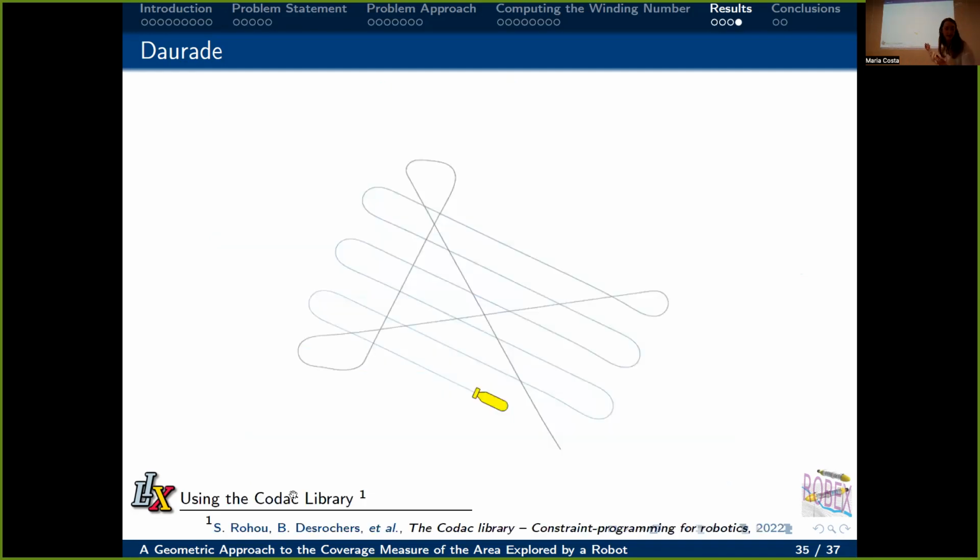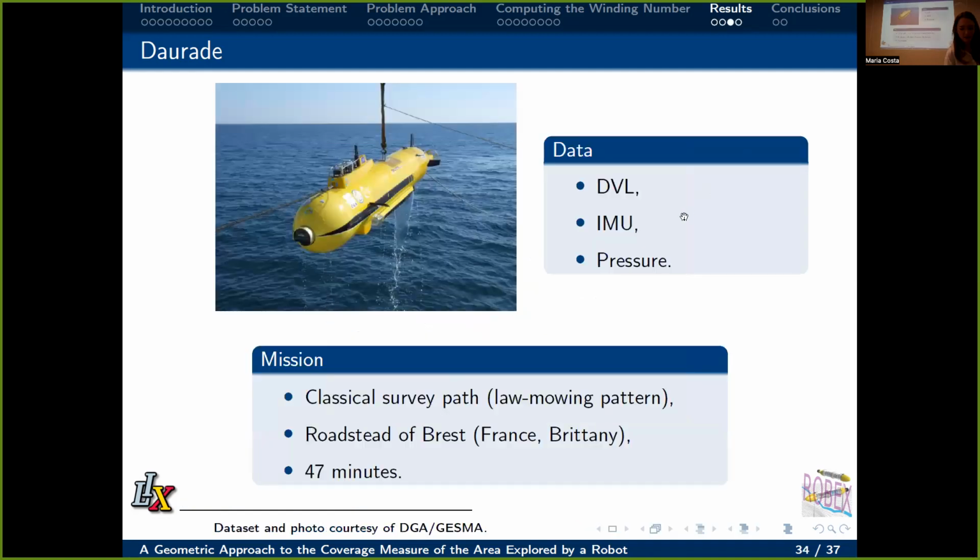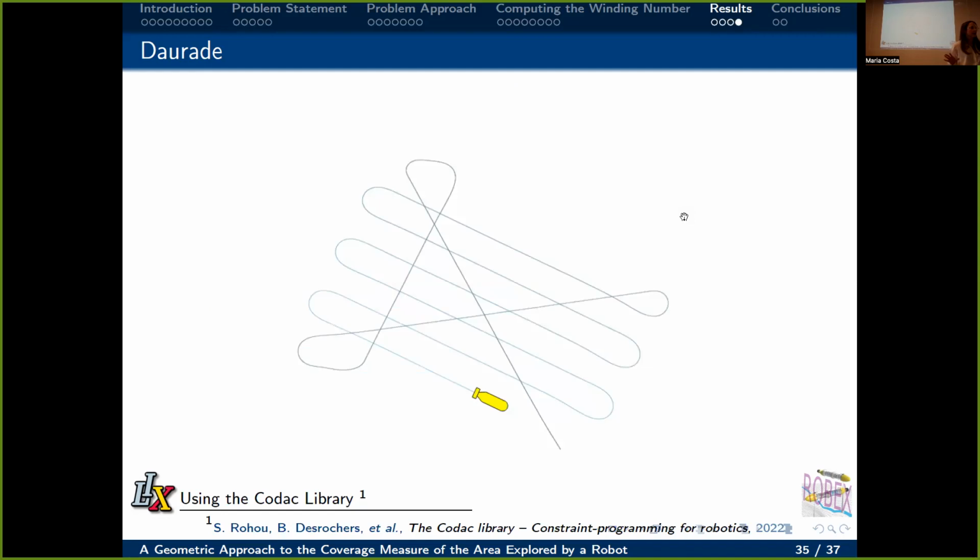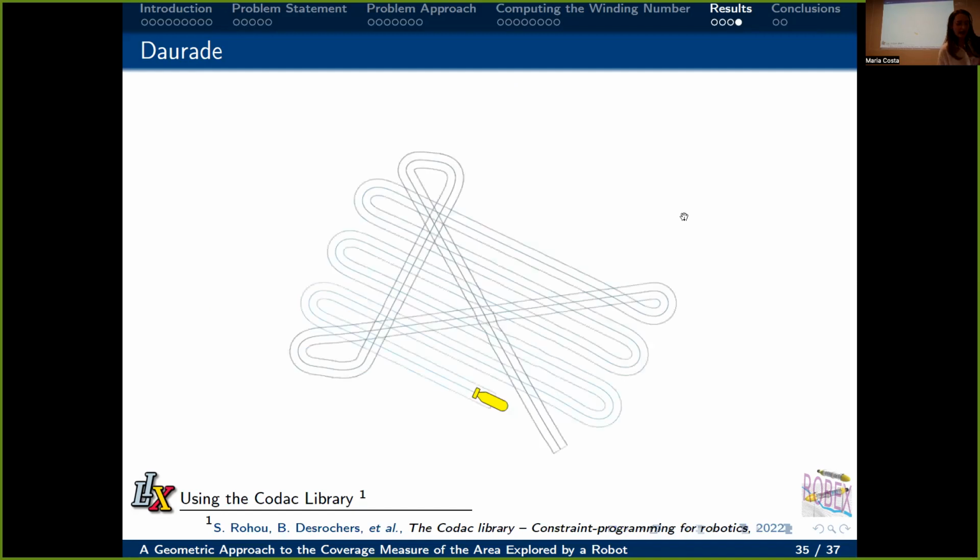So this is the classical survey path, or lawnmower path. We obtain this trajectory by integrating the proprioceptive data that we had here. Again, we are not considering the error in the estimation that, of course, in 50 minutes becomes pretty big. And then here we have the sonar's contour.